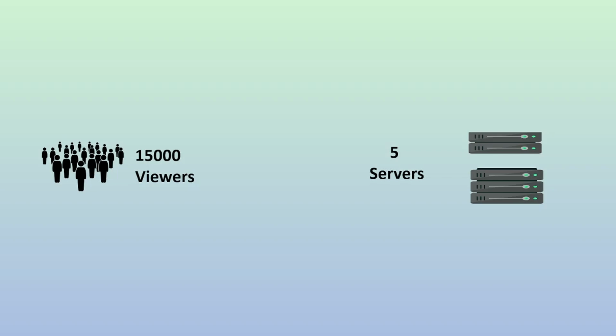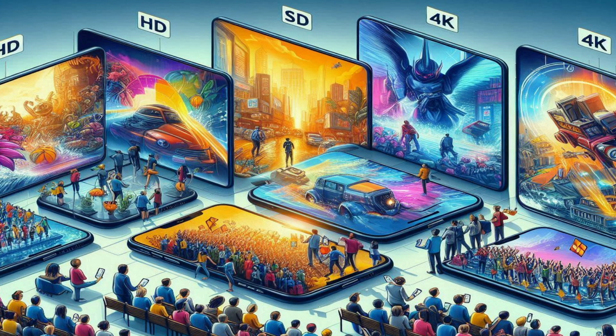But for a platform like JioHotstar, it might not work as expected because every user might be watching the video in a different quality. Someone might be watching in standard definition, someone in HD, someone in Ultra HD, and someone in 4K.